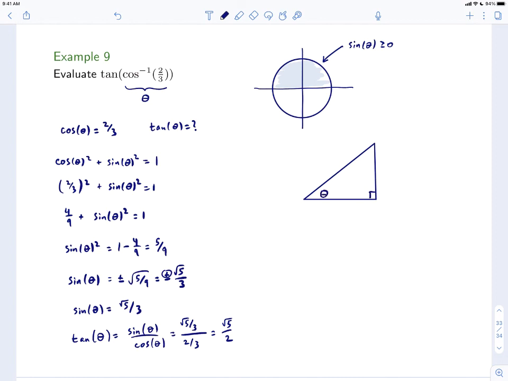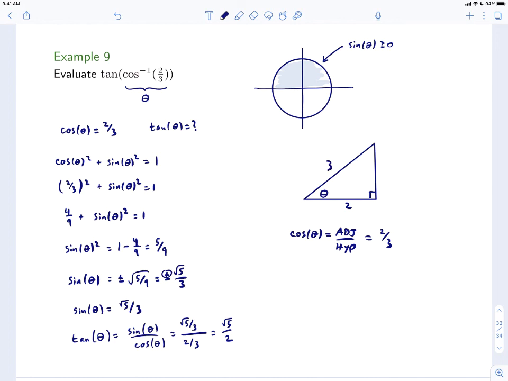We know that cosine of theta is adjacent over hypotenuse. But we also know that it's 2 over 3. So that means if we construct our right triangle, the adjacent side is 2, and the hypotenuse is 3, then this will be our triangle.